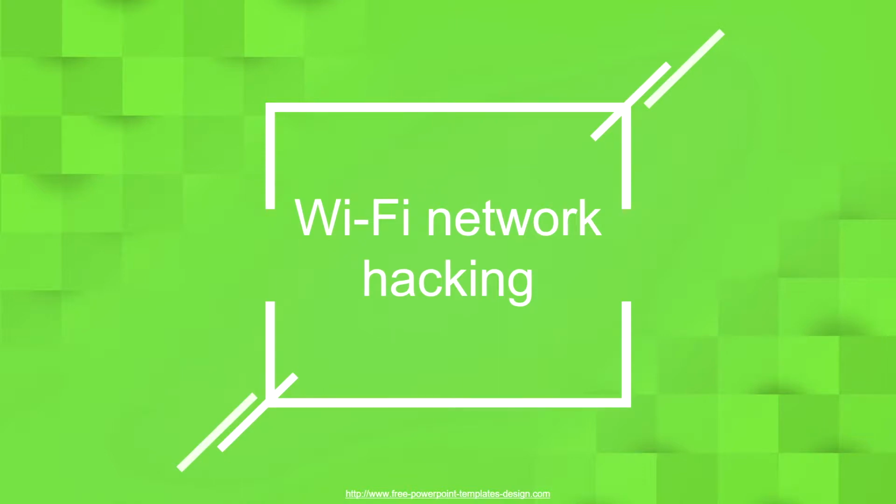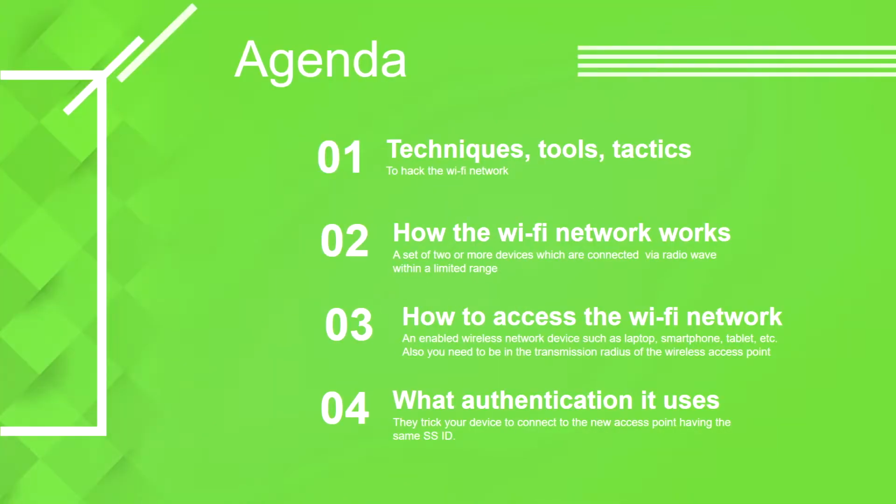Cool guys, now we'll continue with Wi-Fi network hacking, different techniques, tools, and tactics to do that. But first, we need to understand how the Wi-Fi network works, how to access it, what kind of authentication it usually uses, and we'll go from there.